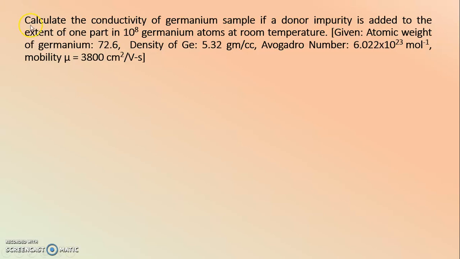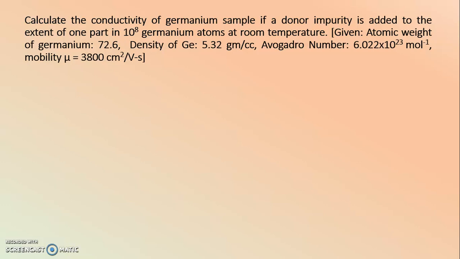Now, if we see the numerical again, it says calculate the conductivity of germanium sample if donor impurity is added to the extent of 1 part in 10 raised to 8 germanium atoms. So it is mentioned how many donors per total number of atoms are active. But in this numerical, the total concentration of electrons is not mentioned.